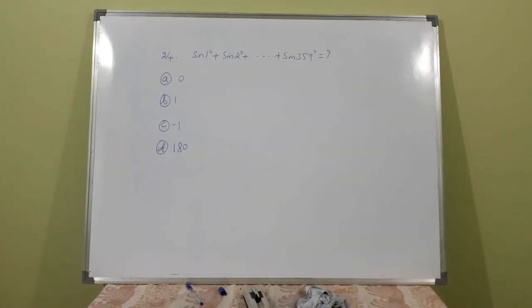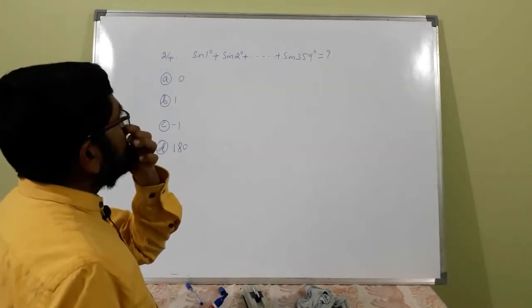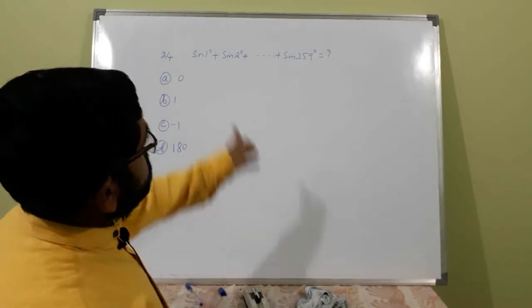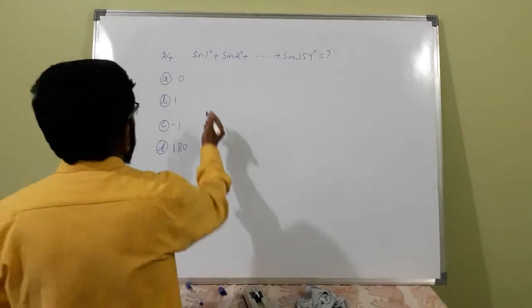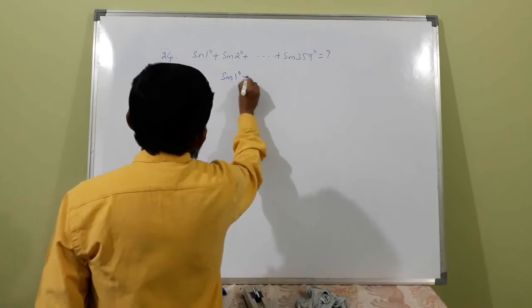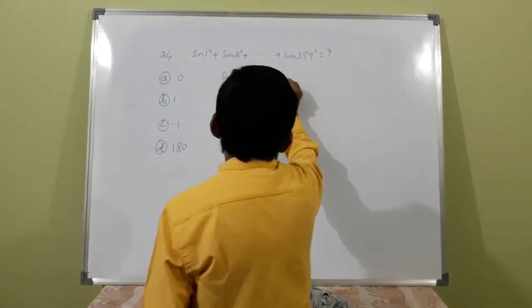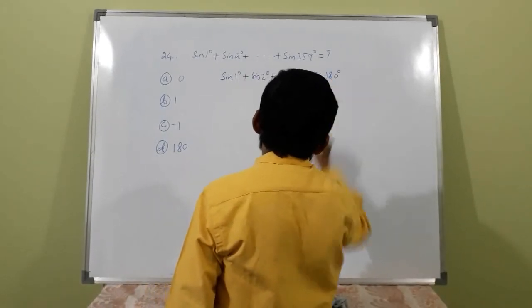This is similar to yesterday's example. There we considered cos 1 degree, cos 2 degree, up to cos 5. Here 369, or even you can consider 360 also, because sin 360 will be again 0. This is nothing but sin 1 degree, sin 2 degree, so on up to sin 180 degree.